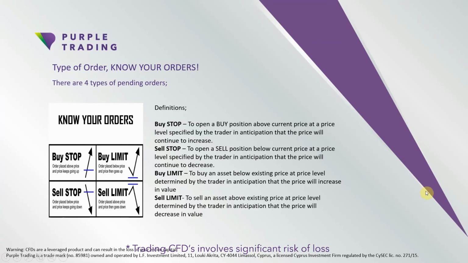The next option will be a buy limit trade. Again, if price reaches a certain level below the current price, we'll be looking to buy that particular currency. So it's to buy an asset below the existing price level determined by the trader in anticipation that the price will increase in value. Let's look at how we can do that.